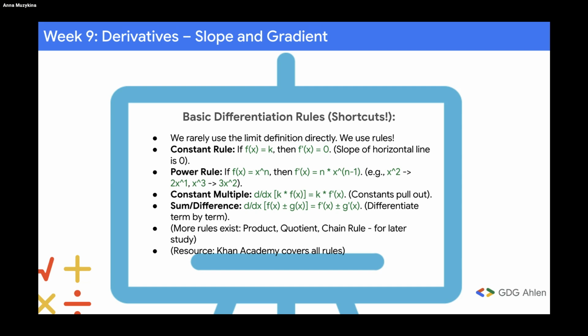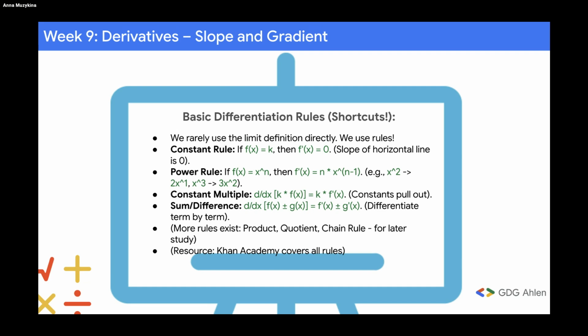Power rule. This is essential. For f of x equals x to the power of n, the derivative f prime of x is n times x to the power of n minus 1. You bring the old power down as a multiplier and reduce the power by 1.